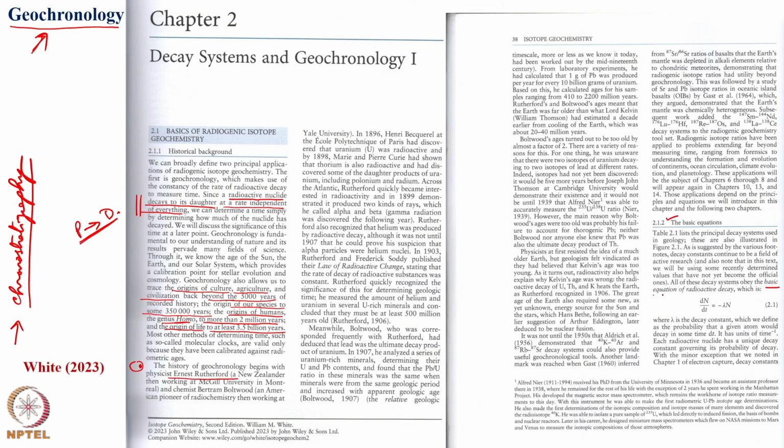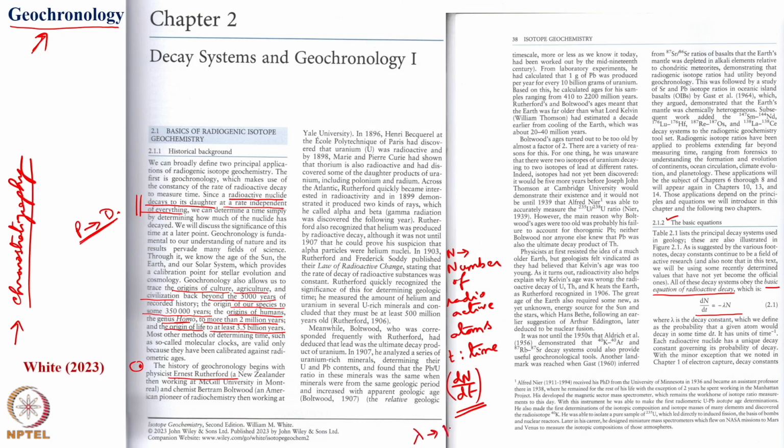The basic equation of radioactive decay is given by dN/dt = -λN. Here N stands for the number of radioactive atoms, t stands for time, and dN/dt represents the number of atoms that undergo radioactive decay per unit time.